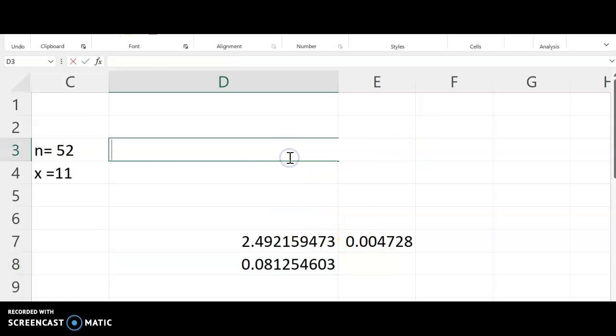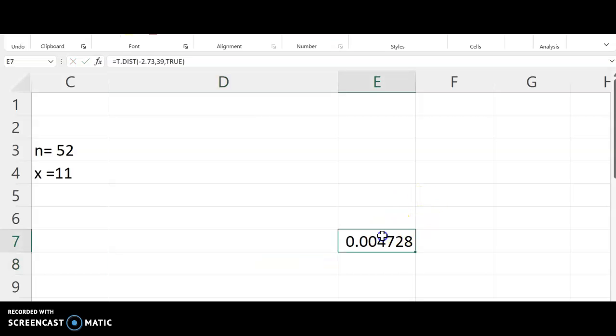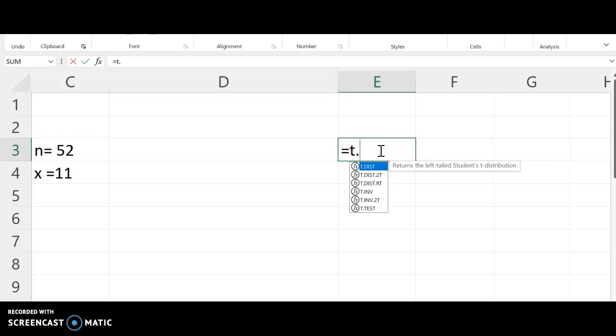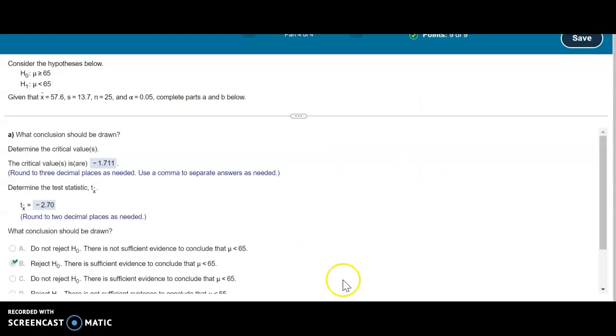So equals T.INV. Now, we do need to know, since this is greater than or equal to, and then down here is the less than, this is a one-tailed test. So we needed to determine that.